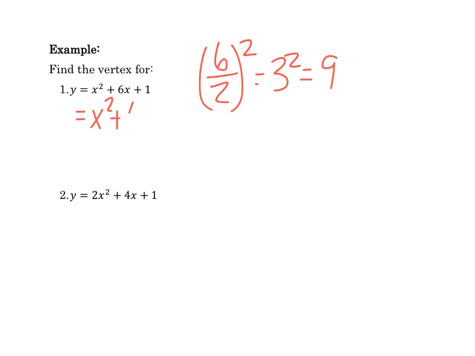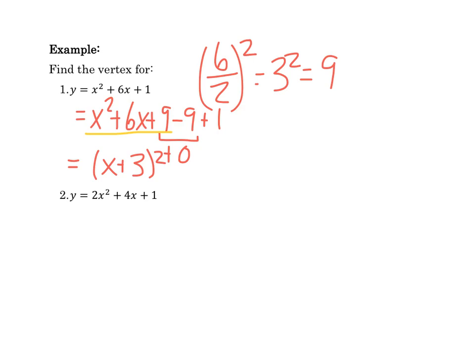X squared plus 6x plus 9 minus 9 plus 1. So that overall, you'll notice that we're just adding 0, so we're not changing anything. We have created our perfect square trinomial, which we're able to factor to obtain x plus 3 all squared. 3 times 3 gives us 9, and 3 plus 3 gives us 6.